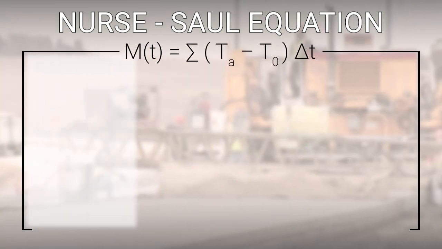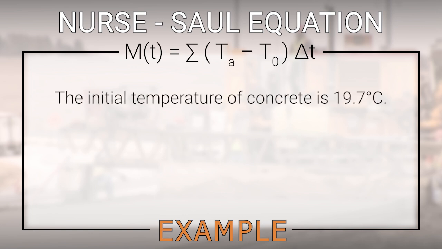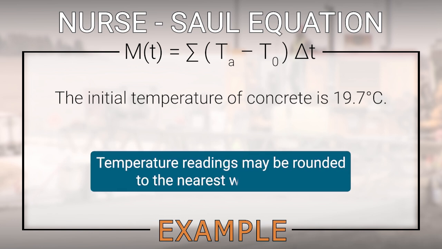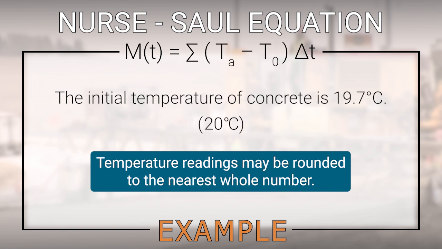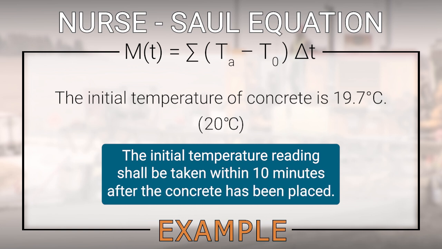This is an example problem calculating the time temperature factor value using the Nurse-Saul equation. Inspectors take an initial temperature reading of 19.7 degrees Celsius. The temperature readings may be rounded to the nearest whole number, 20 degrees Celsius. The initial temperature readings shall be taken within 10 minutes after the concrete has been placed.